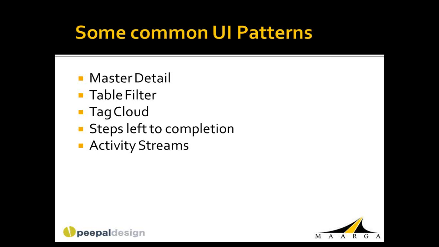User guidance, especially when it's a complex process that you want to break down into smaller steps, or activity streams. And we're talking about going social quite literally in every part of the enterprise. So the activity stream is becoming a standard UI pattern.